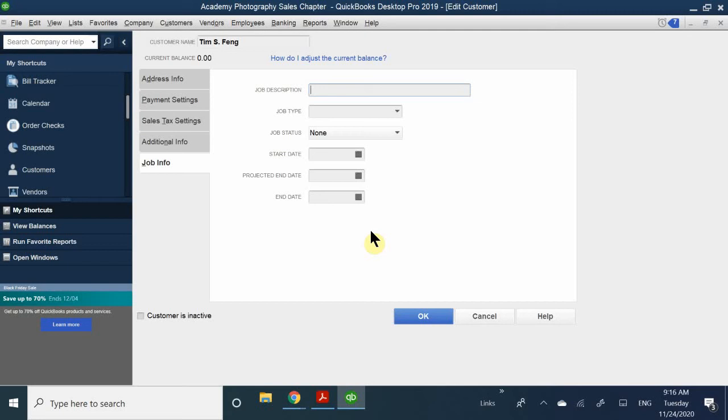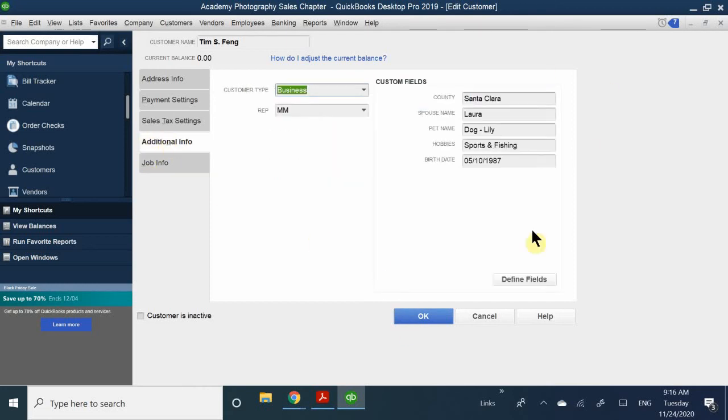So if you're questioning why am I buying this for a specific customer, that's exactly what chapter 9 is all about. It's all about utilizing and maximizing the customer job and how to bill them for it. So I'm going to not talk about that until we get to chapter 9. Okay?